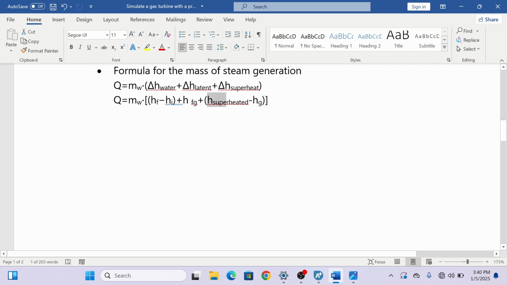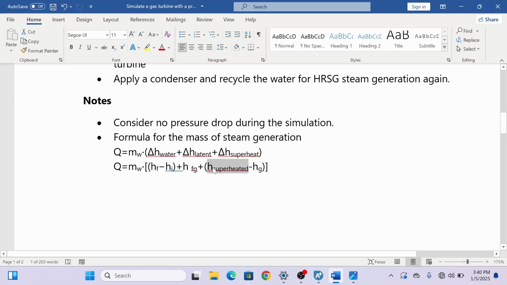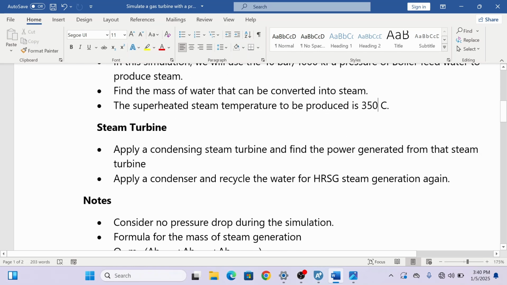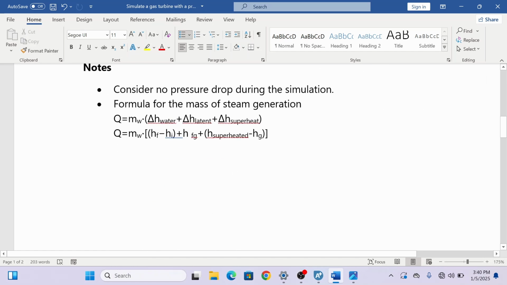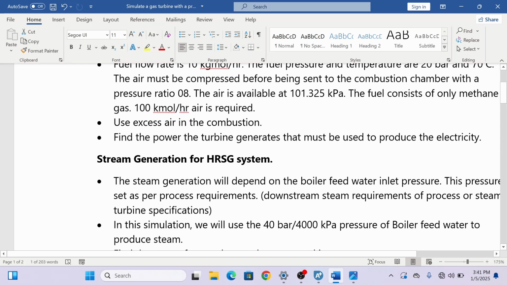And for the H superheated value, because now you are dealing with a single phase, you need two things. One will be this 40 bar pressure, and then you will also define this temperature. When you define the temperature and pressure, you will find this H superheated value. Just put the values over here. This Q will be obtained from the turbine exhaust temperature.